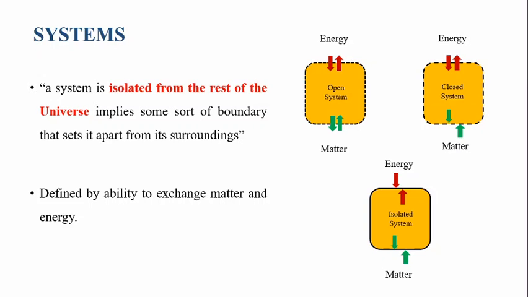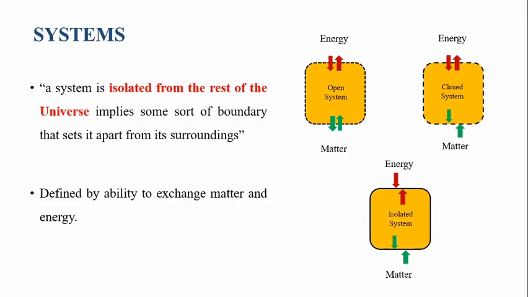So according to that, there are three types of systems: open system, closed system, and isolated. Isolated system is where the matter and energy are not exchanging. Actually, in reality, there's no isolated system. Closed system means only energy is exchanging, but not the matter.